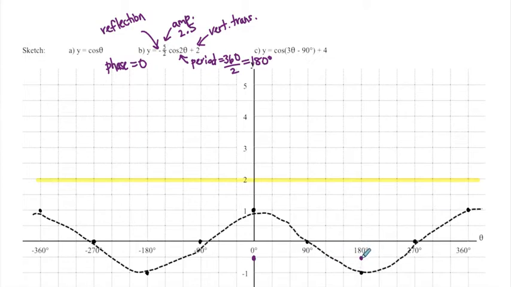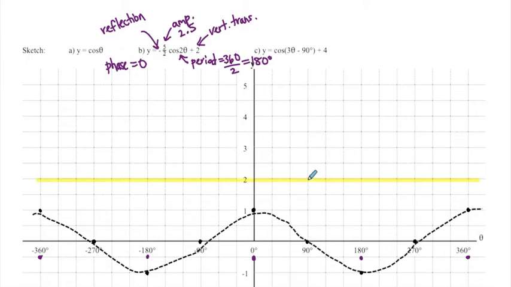And then I can sketch another full curve on the other side. And I can go ahead and plot those points in the negative direction as well. So halfway in between there at 90 degrees is going to be my highest point.